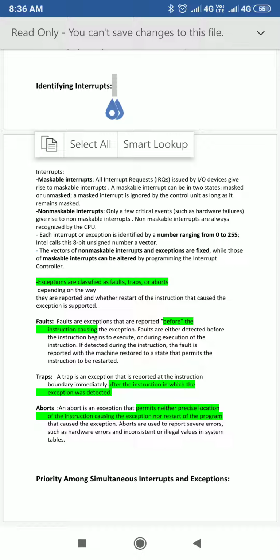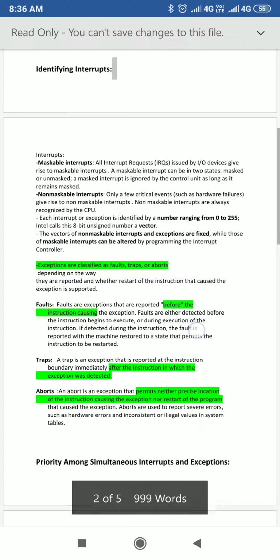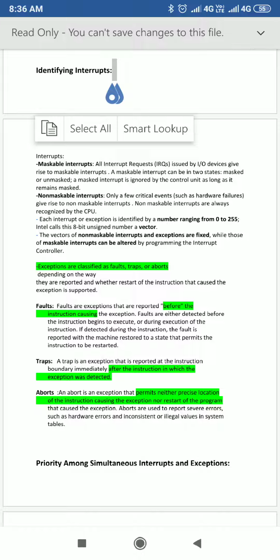As I told you, exceptions are generated by internal events, while interrupts are generated by external events. Mark this point. I am repeating it again. Exceptions are generated by internal events, meaning your programming errors, and interrupts are generated by external events. Now, exceptions are divided into 3 parts: faults, traps and aborts.